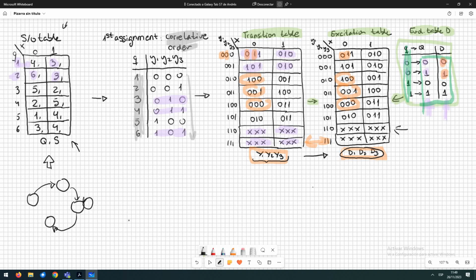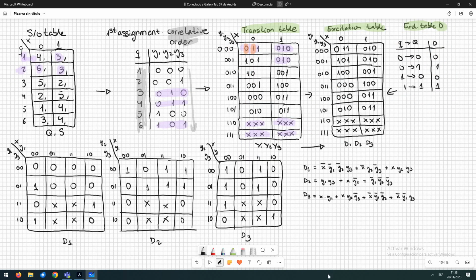These 3 memory elements are going to be one bistable D, another bistable D, and another bistable D. They are bistable D because we have supposed that in this exercise we have to do it with bistable D. So I'm going to extract the Karnaugh map of this excitation table to obtain the function that is going to be in the input of each bistable.